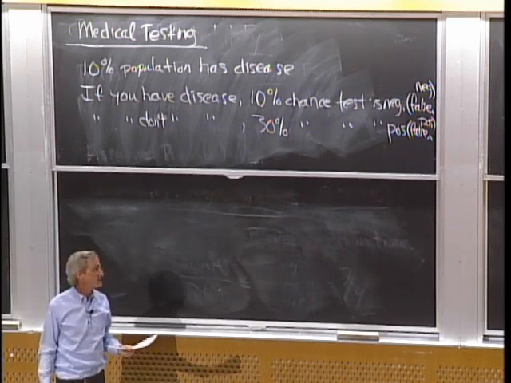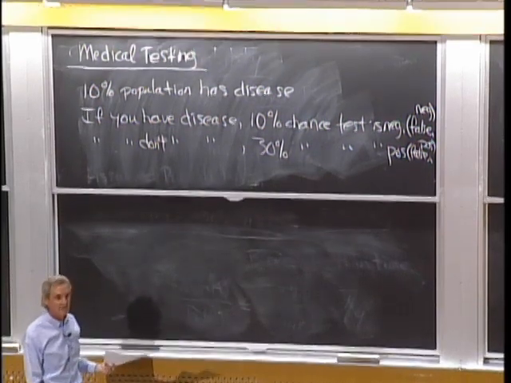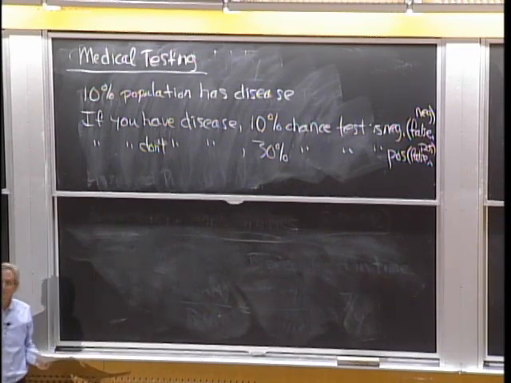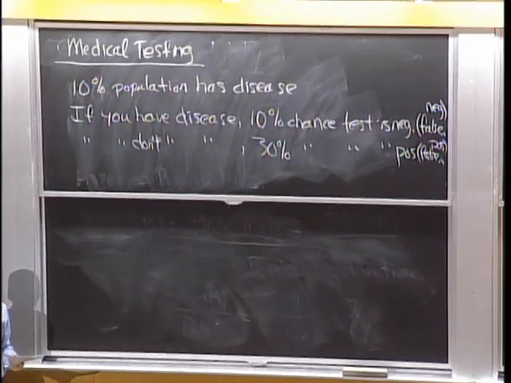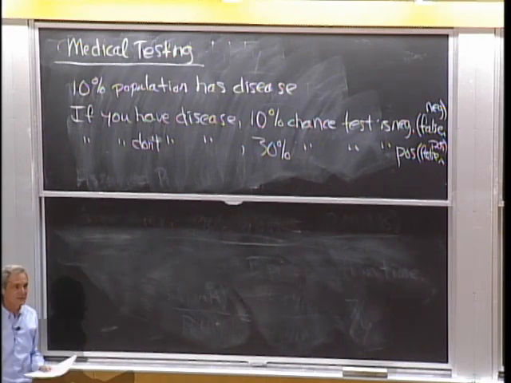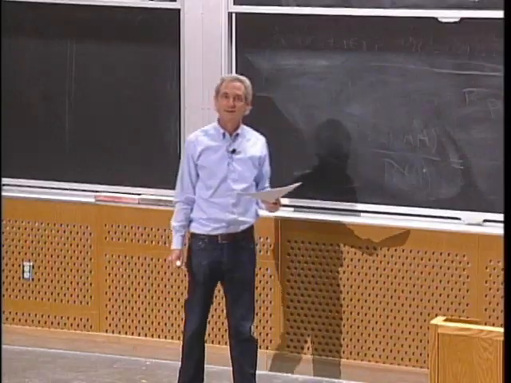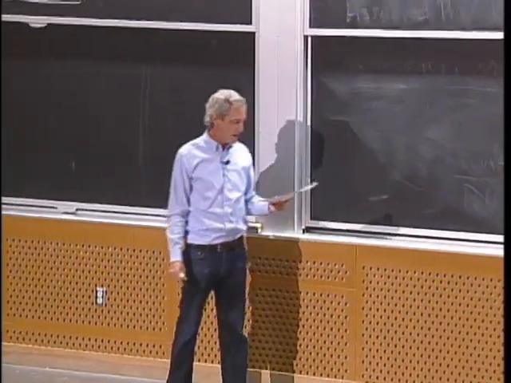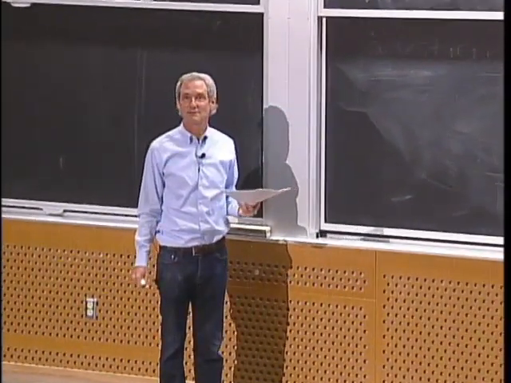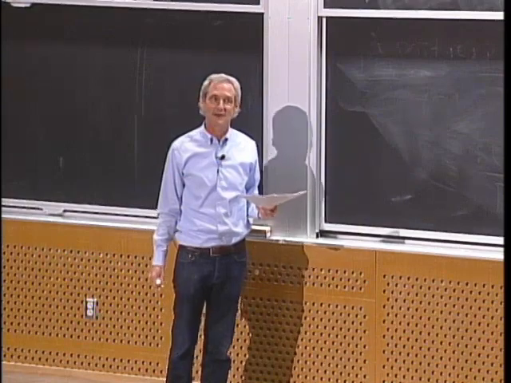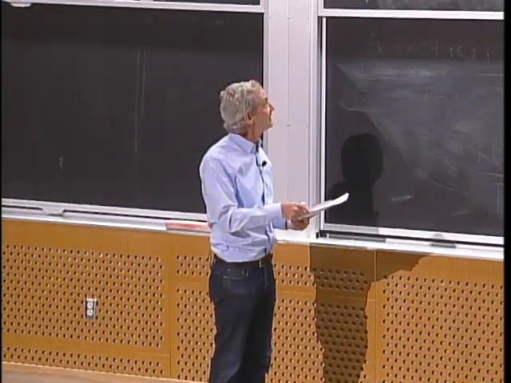You tested positive and it's only got a 30% false positive rate. Anybody? So you don't think she's likely to have it. All right, how many people think it's better than 50-50 you have the disease? A few. How many people think less than 50%? A bunch. Yeah, you're right, in fact.